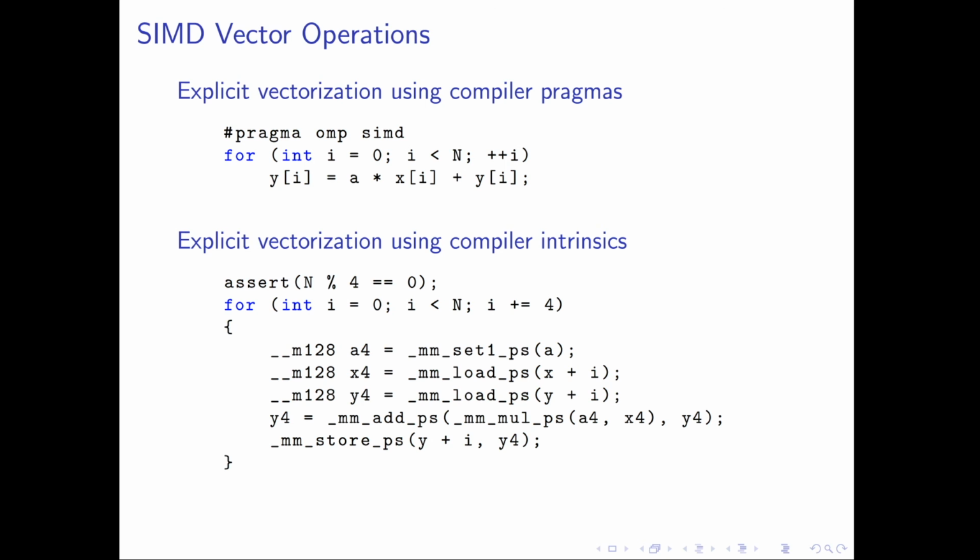So the SSE instruction set that we discussed earlier also has these intrinsic functions, and this is what the unrolled and vectorized SAXPY loop would look like when implemented with compiler intrinsics. I already simplified things a lot, in that I'm asserting that the vector length is divisible by 4, otherwise I would have to add another scalar loop down here.